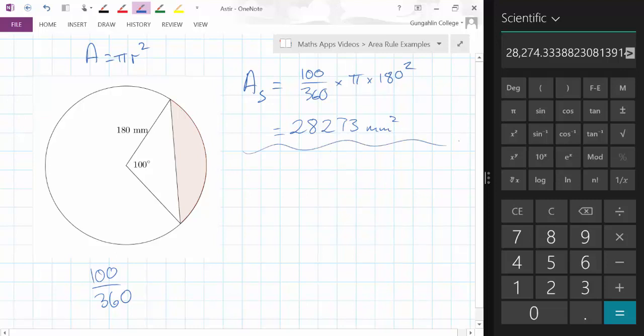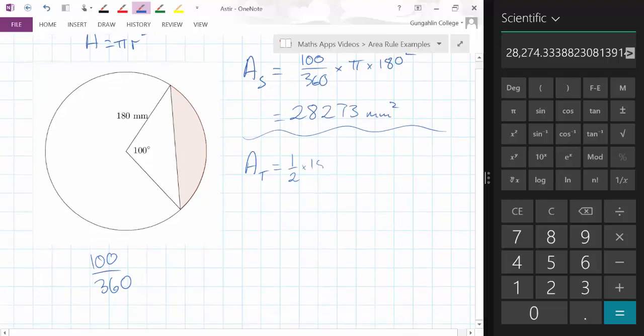Now we need to work out the area of this triangle here. Again, the area of a triangle rule is half AB sine C. The two sides are both the same, 180, because this is a circle, and that radius has to be the same.